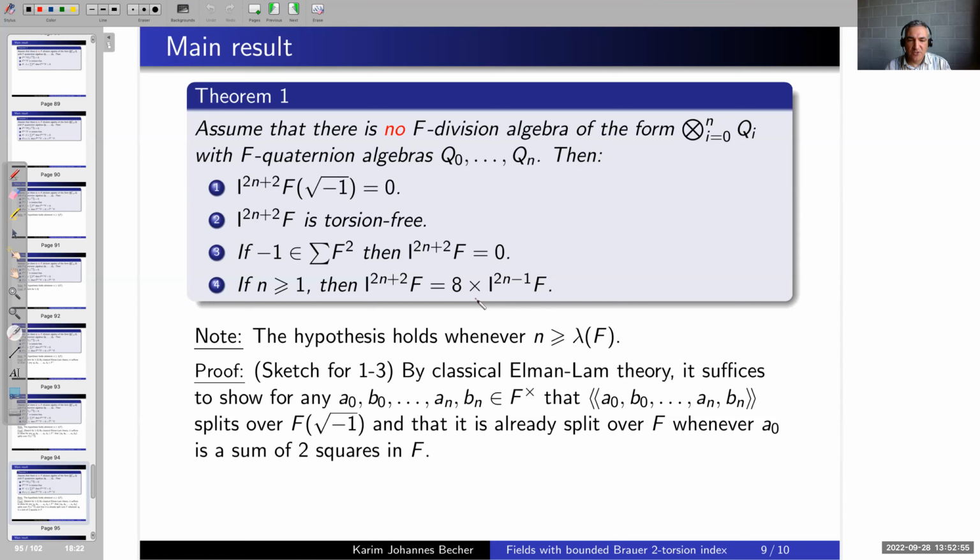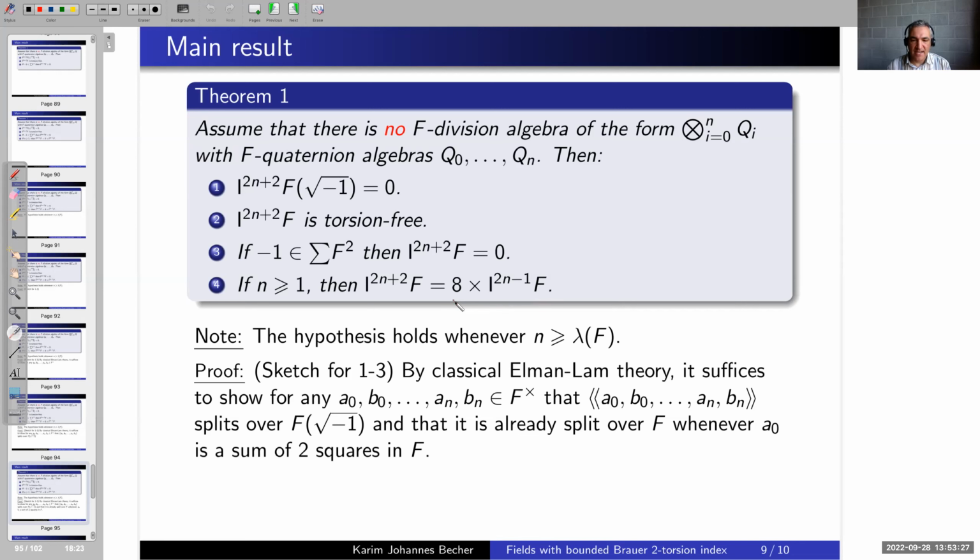And then you show in the next step that this is actually also equal to 4 times I^(2n)F. And then in another step that this is also equal to 8 times I^(2n−1)F. And then you think now it's becoming too hard, we stop here. But no, in fact, it stops there. That is what I found somehow fascinating, that you can get this. And on the other hand, you can show you cannot get a 16 here.